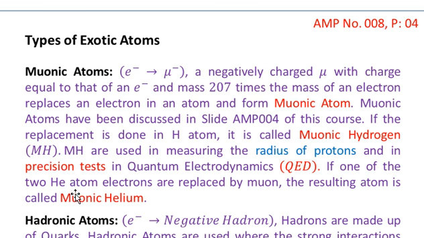If one of the two electrons of the helium atom is replaced by a muon, the resulting atom is called muonic helium. So it is not required that you replace both of the electrons by the negatively charged muon. Only one of the electrons in the helium atom will be replaced by the negatively charged muon, and the resulting atom will be called muonic helium.